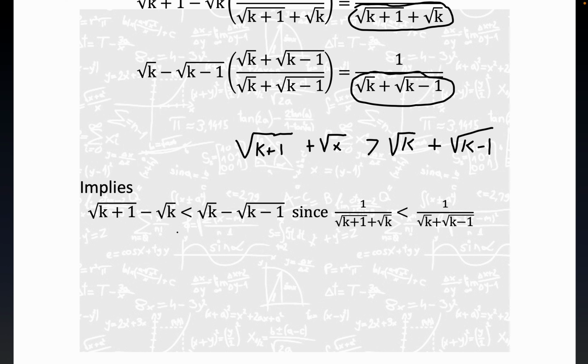Now let's look at just a special case. Let's say k equals 14. This gives you the square root of 15 minus the square root of 14 is going to be less than the square root of 14 minus the square root of 13.